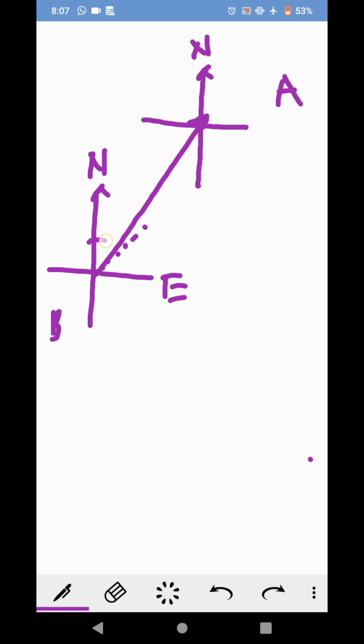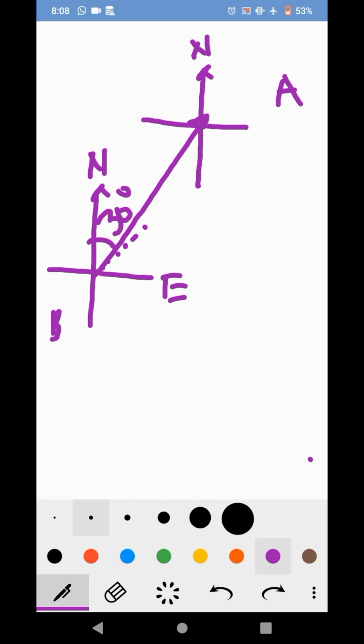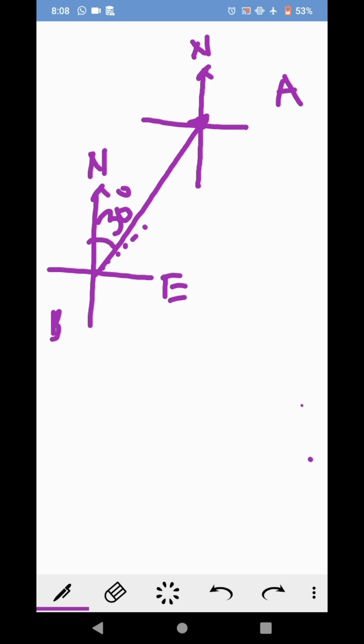So A is on the bearing of 30 degrees. That's 30 degrees. Alternate angles are equal, so here will also be 30 degrees. Now, to locate the bearing of B from A, we go to the cardinal point of A and rotate from the north and touch that same line.